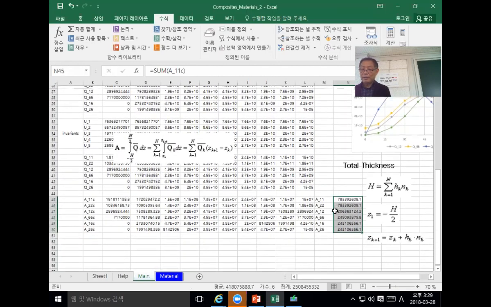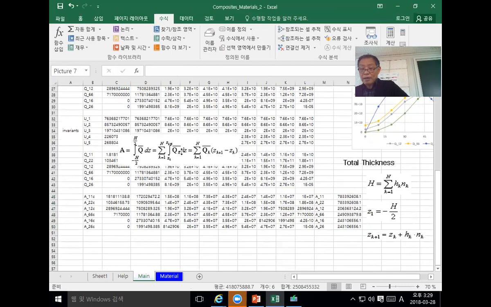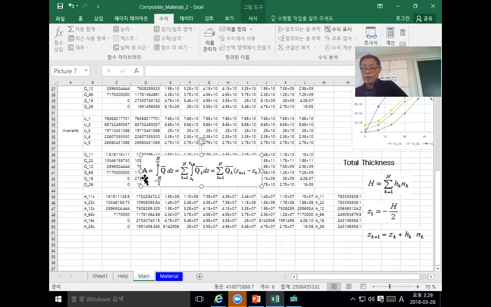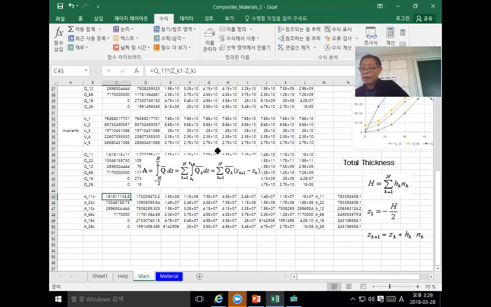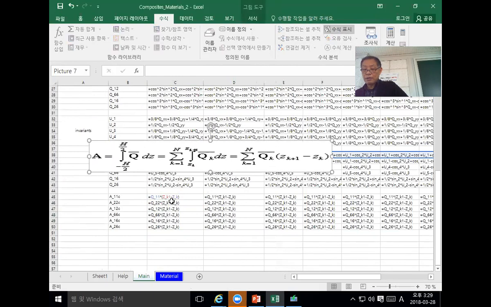A little bit, you know, we have to go through some steps, but mathematically the whole procedure is simple. Again, if you'd like to double check, you can see that all the equations, Q11, Q22, are the same as that one, right?